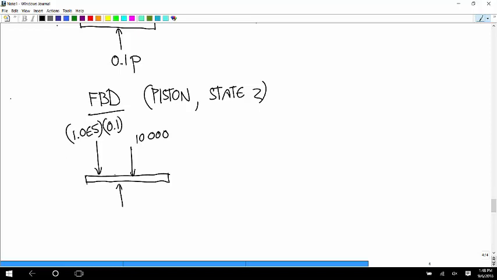And that's equal and opposite to 0.1 P. So Newton's second law says 0.1 P minus 1.0 times 10 to the 4, minus another 1.0 times 10 to the 4, the 10,000, is equal to 0.